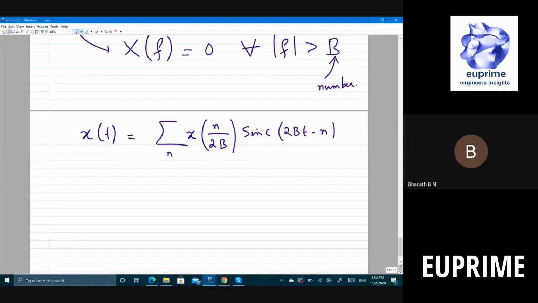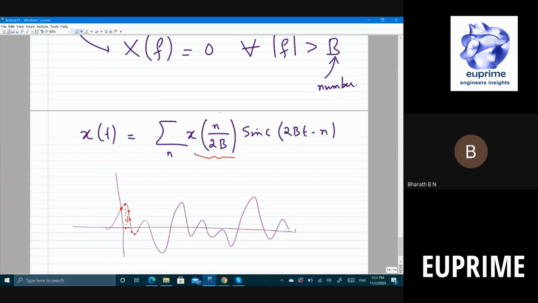So for example, suppose you have a signal like this, and assuming that this is band limited, meaning the Fourier transform is 0 beyond capital B, then if you sample at 0, and then at 1 by 2b, then 2 by 2b, and so on, these samples correspond to the coefficient x of n by 2b here.